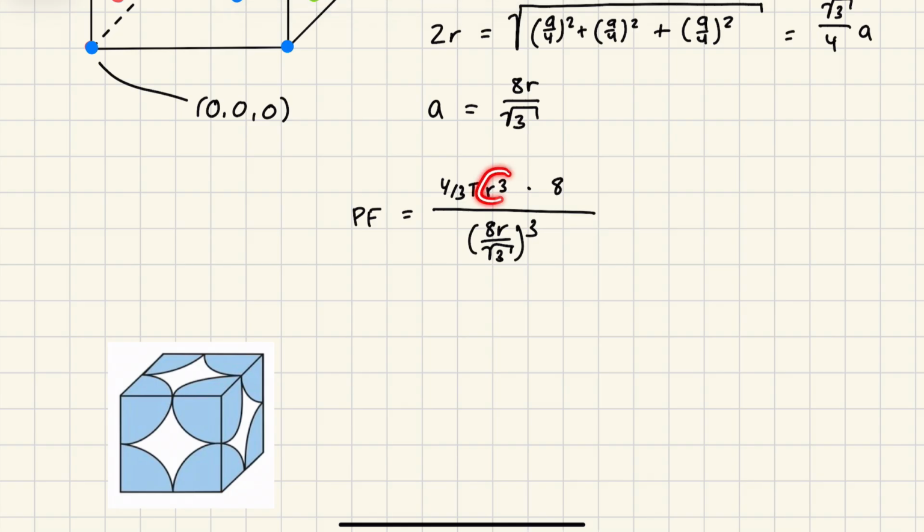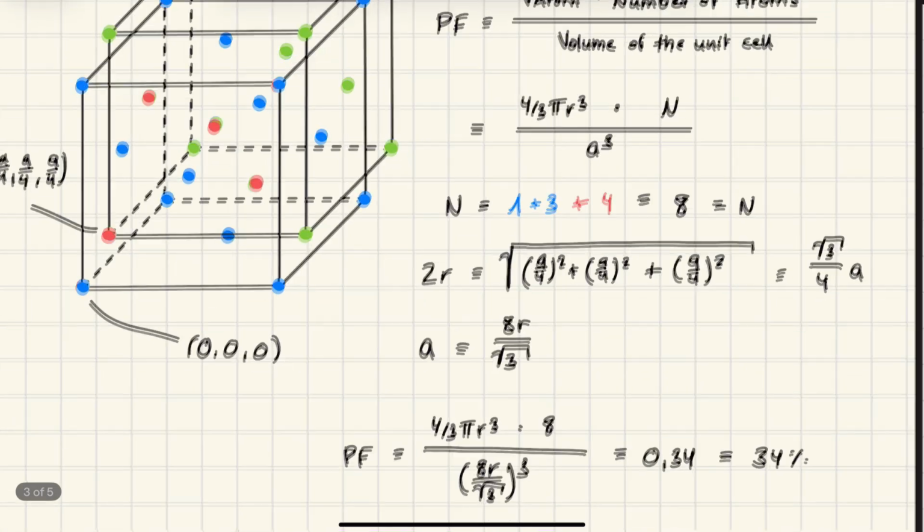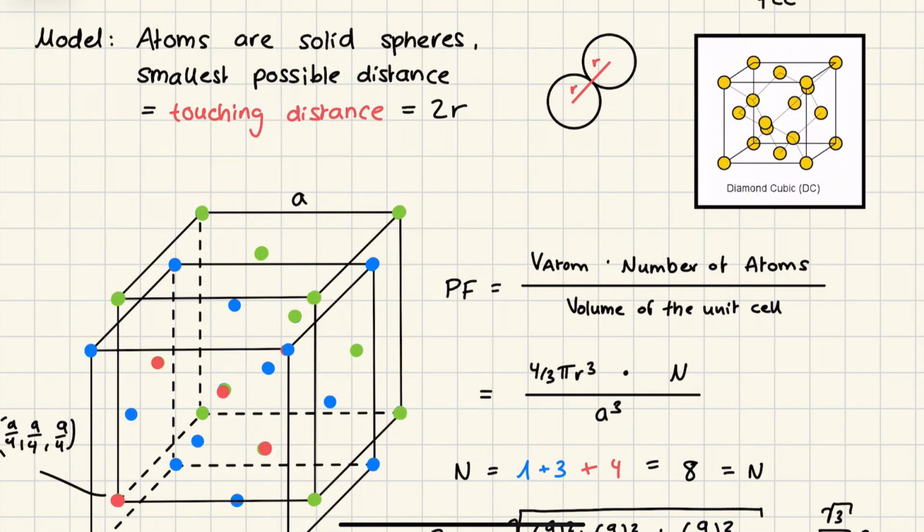Since we have r cubed up here and r cubed down here, we can completely cancel those. So now the only thing left to do is putting the remaining values into a calculator, which gives us 0.34 or 34%. That is the packing fraction of the diamond crystal, and it means that only 34% of the total volume of this diamond cubic unit cell is taken up by atoms.